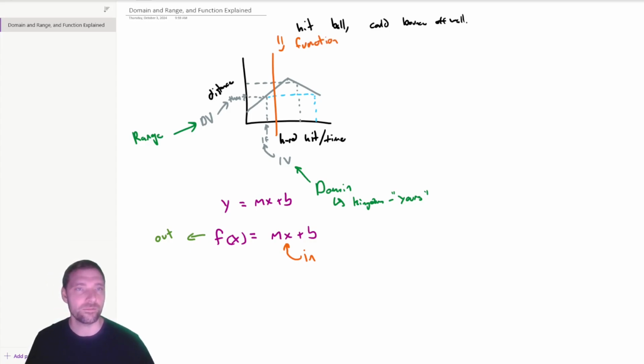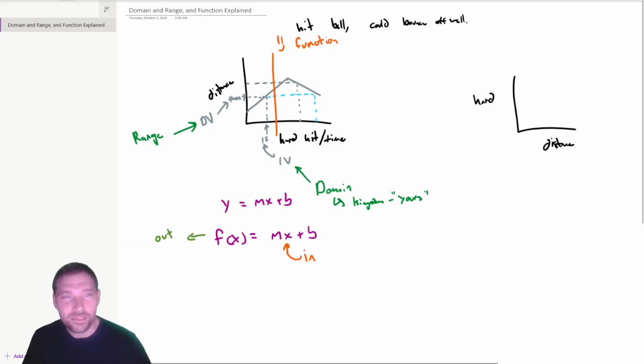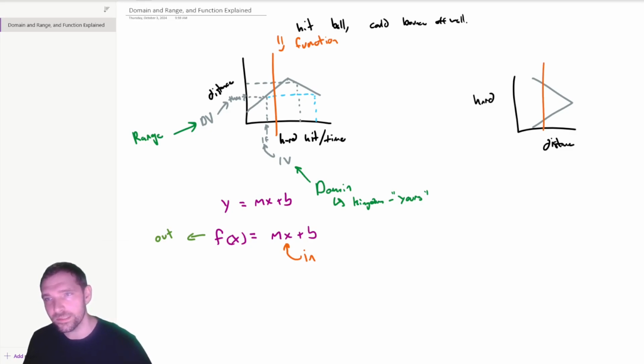But if we try to flip this, if we try to do how hard you hit over here and the distance over here, it may look like something that you could graph out, but it is not a function. So this is bad because we're saying for any input, you've now got two outputs, which means it is not dependent on that input.